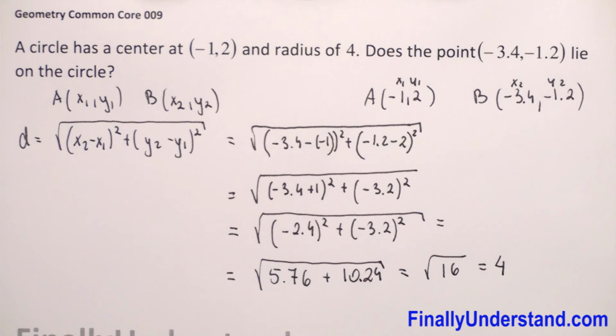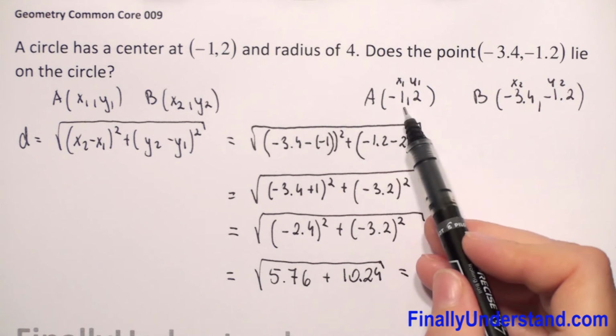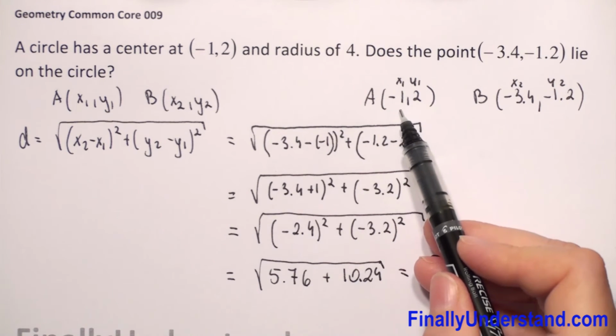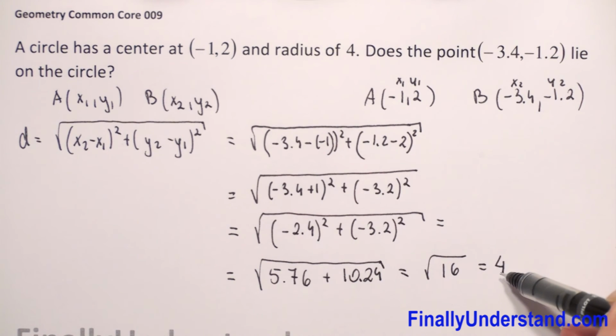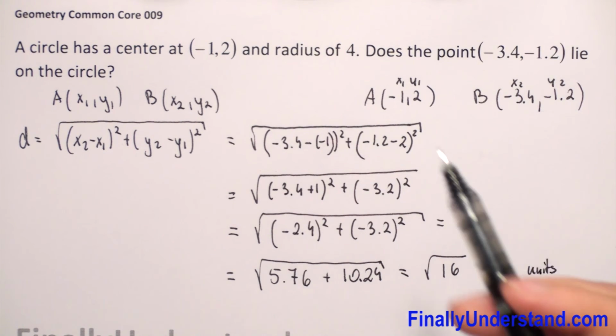So the distance between point A with these coordinates and B with those coordinates is 4 units.